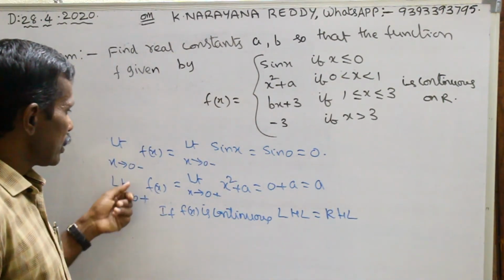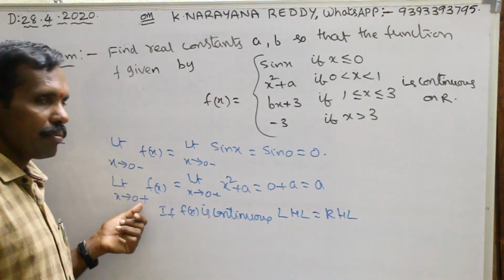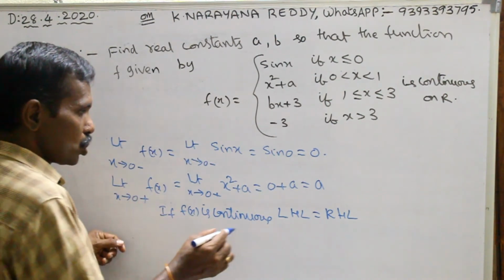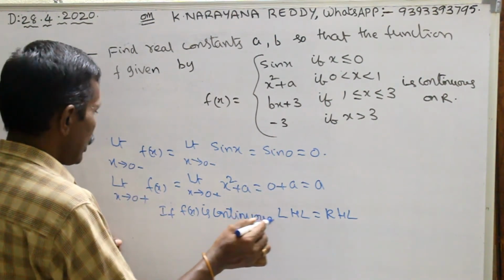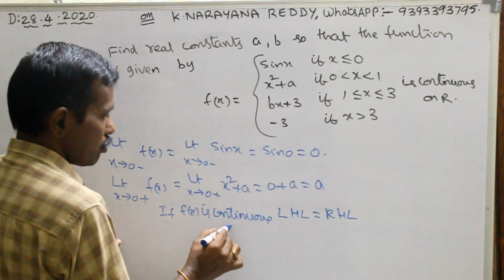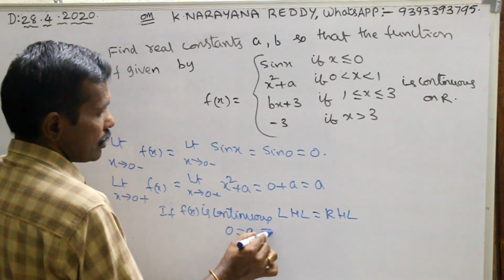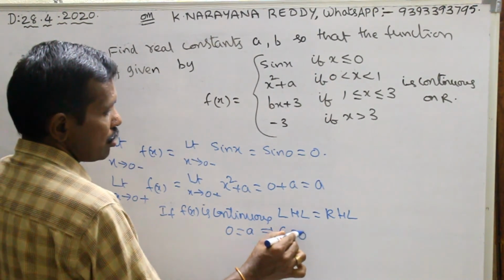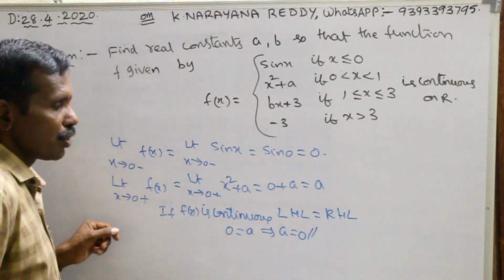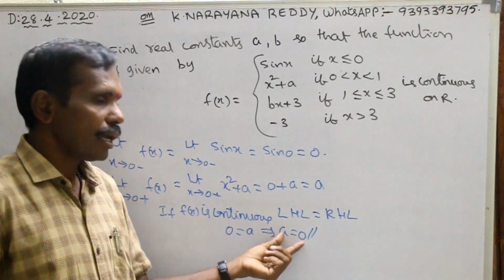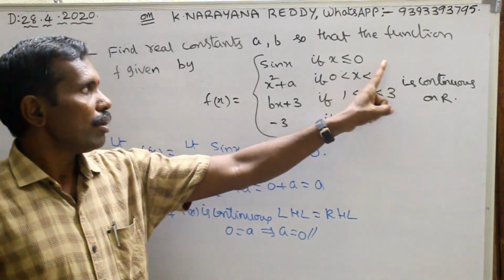Left hand limit is nothing but minus, right hand limit is nothing but plus. So, what is the left hand limit? 0 equals the right hand limit a. That implies a equals 0. That is one answer. Now you got the a value.